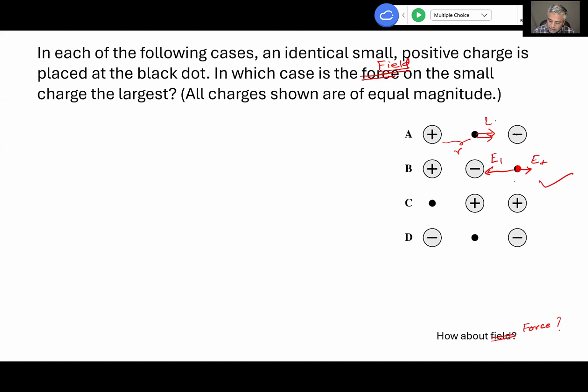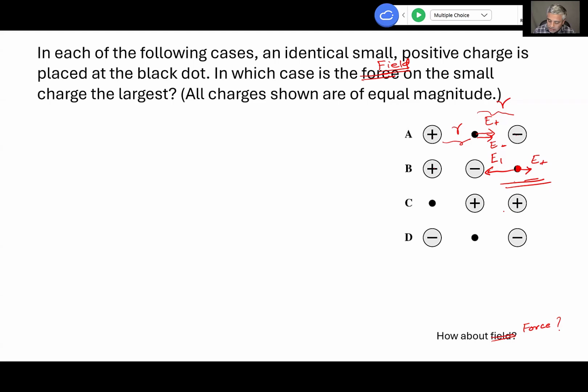So E positive and E negative are pointing in the same direction. And the distances between the point and the charges are the same for both of these, so they have equal field. Both of them are pointing in the same direction. These were not equal, and they are pointing in opposite directions.